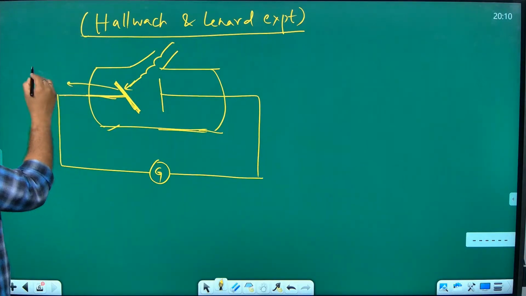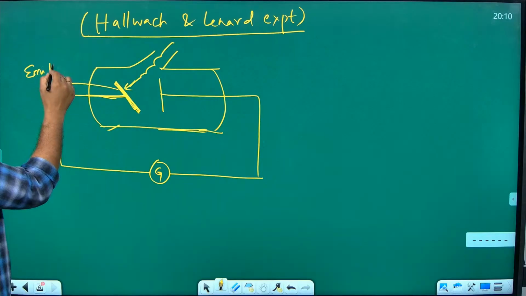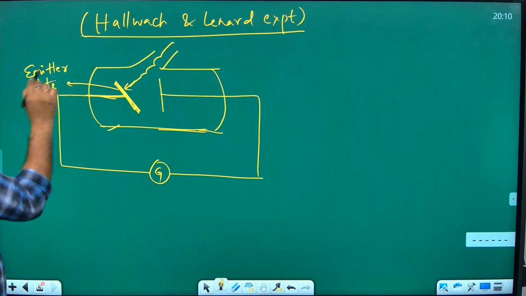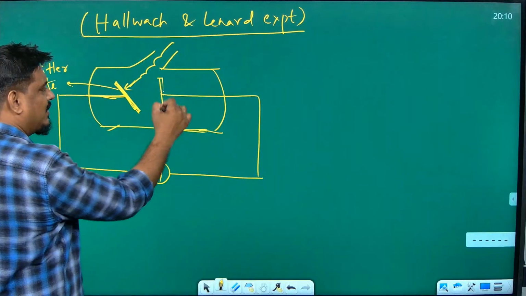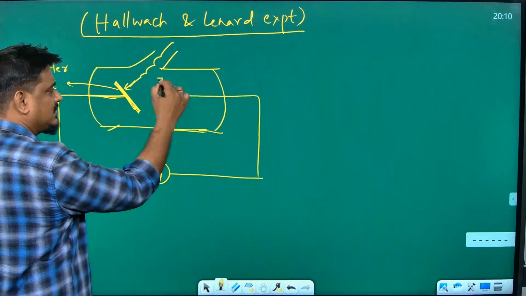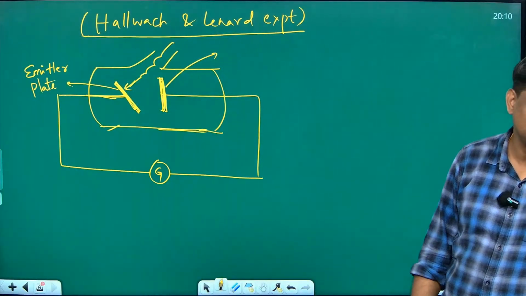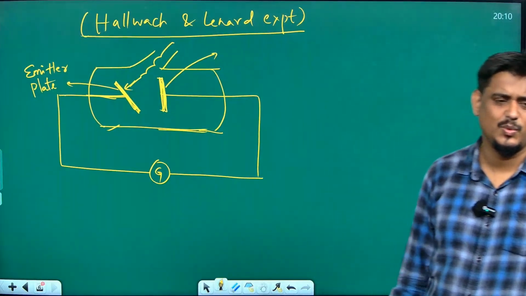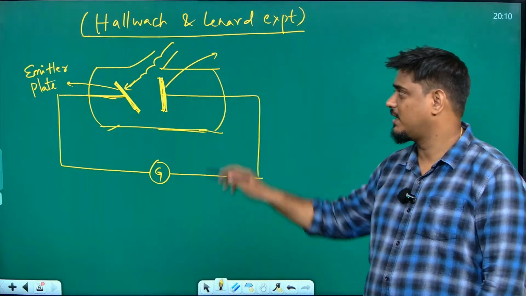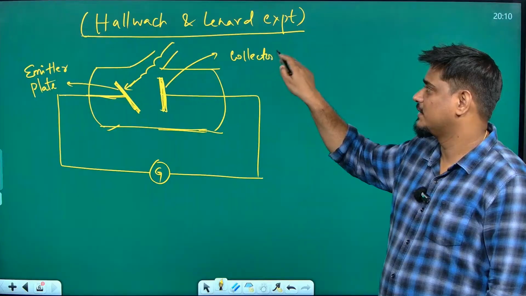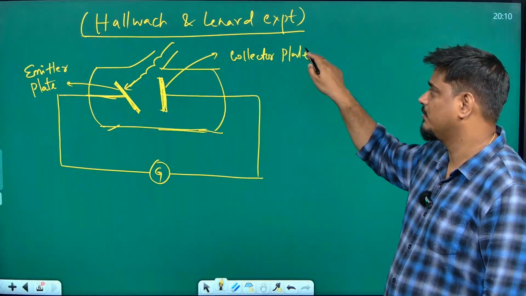This plate is called the emitter plate, and this plate is called, what is the exact name here? Collector plate. Okay, you can use the name collector plate.